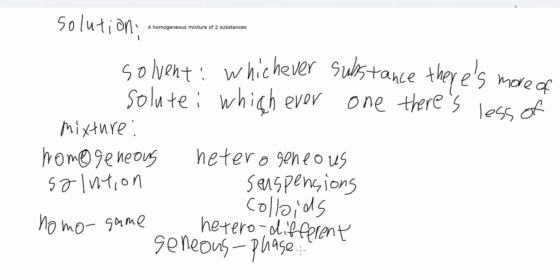So think of a solid and a liquid, or a solid and a gas, or a liquid and a gas, anything like that. Homogeneous mixtures are basically just solids and solids, liquids and liquids, gases and gases, right? Air is a homogeneous mixture. Your average salt water is a homogeneous solution mixture.